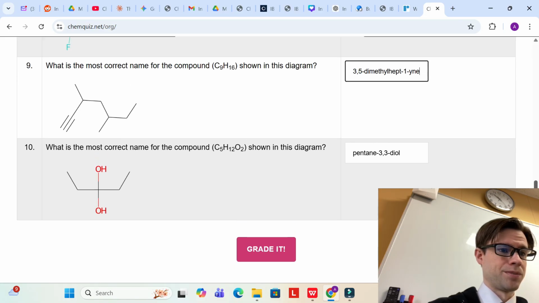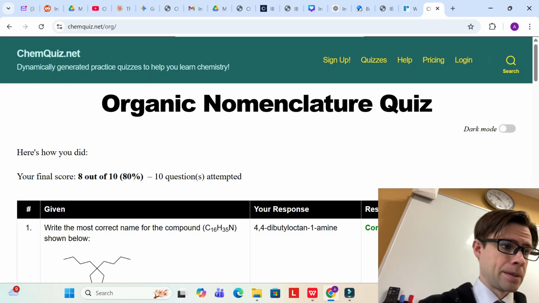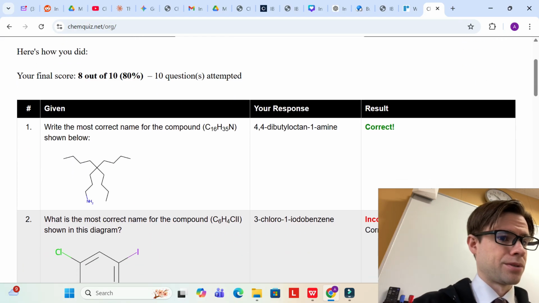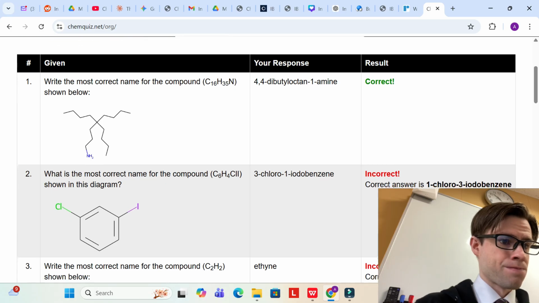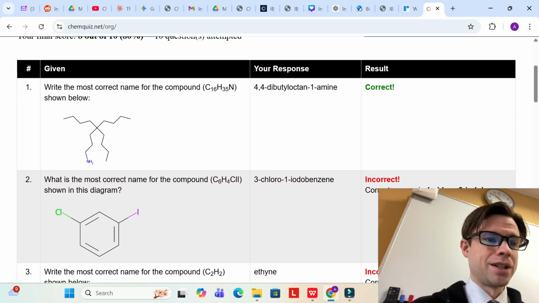We'll see if there's any mistakes. We can analyze it. 8. All right, so some of them are not correct. As I said, all right, so it turns out chlorine has more priority for getting this number lower than iodine.